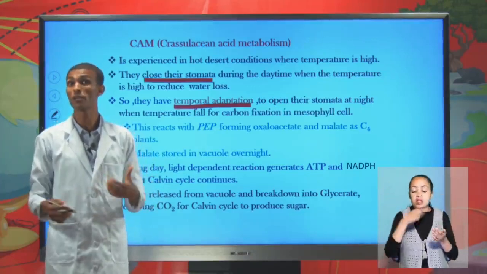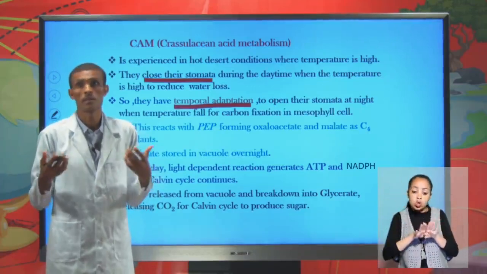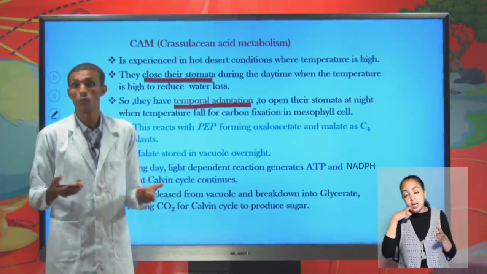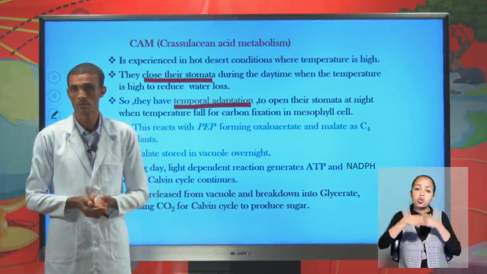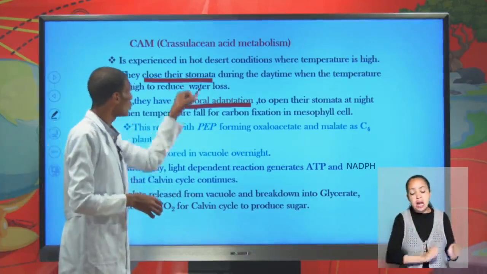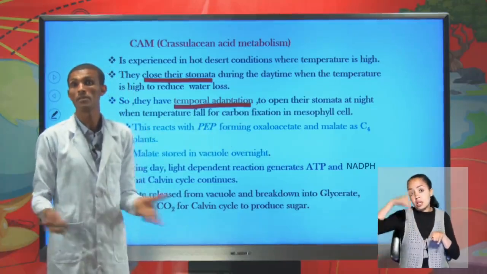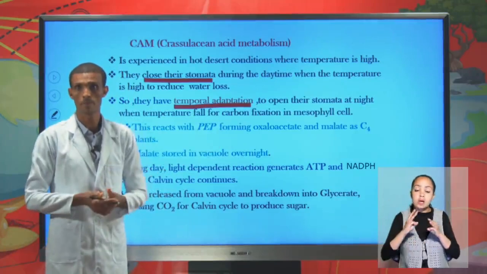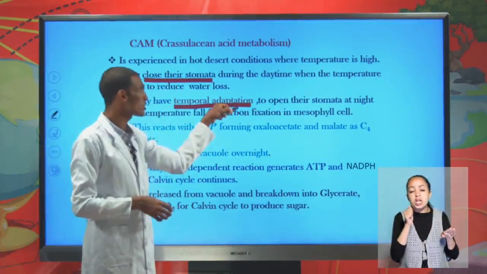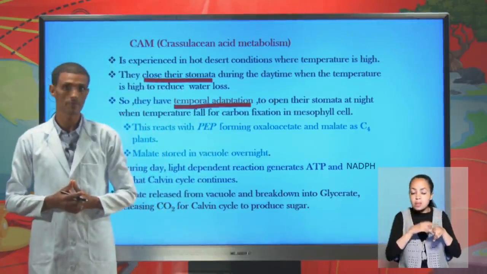If the rate of evapotranspiration becomes high and the plants open their stomata, the plant may get dry and the rate of photosynthesis goes to zero. By that, they develop their strategy to close their stomata during the daytime when temperature is high to overcome water loss. And they open their stomata temporarily or seasonally during the night time to carry out carbon fixation.